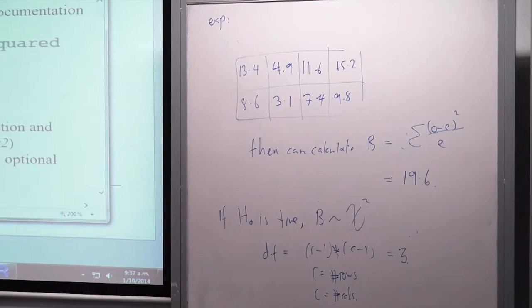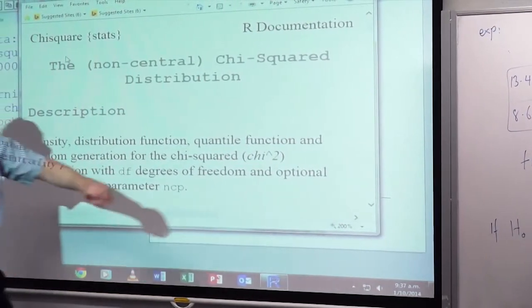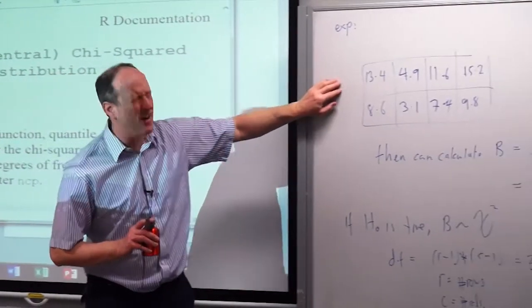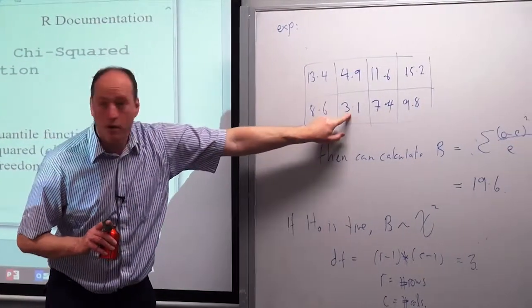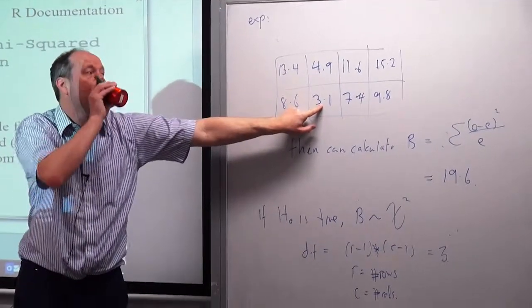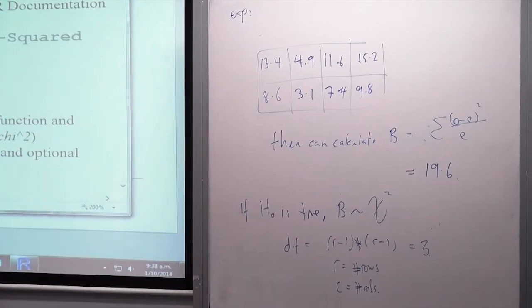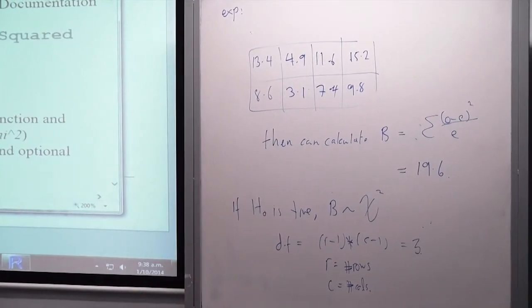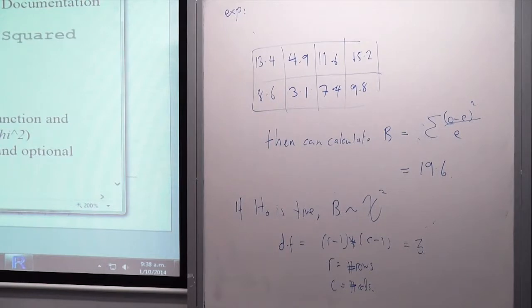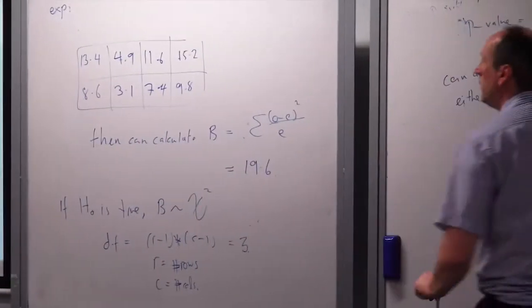Usually you are not supposed to use it if any of these numbers is less than, I think, 5, and that normally disallows the chi-squared test. If you've got a 0 in there, you shouldn't use the chi-square test. If any of the expected values are less than 5, that's conventional wisdom, but frankly, I think it's a load of hog.